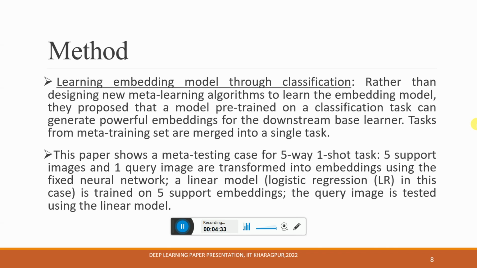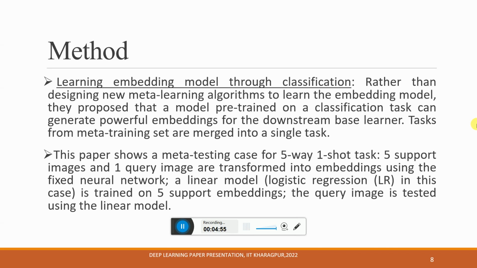So the training examples or testing examples are mapped into the feature space by an embedding model. The objective of the meta-learning algorithm is to learn a good embedding model so that the average test error of the base learner on the distribution of tasks is minimized.